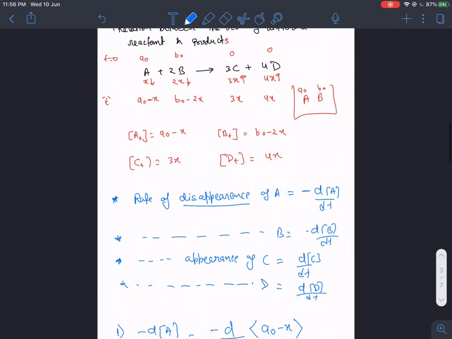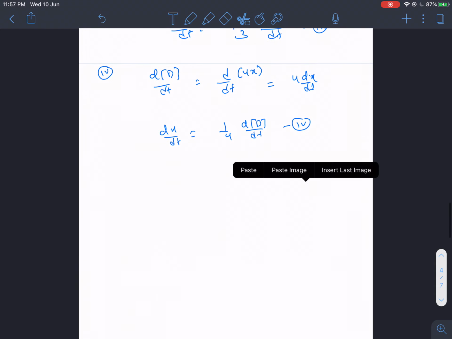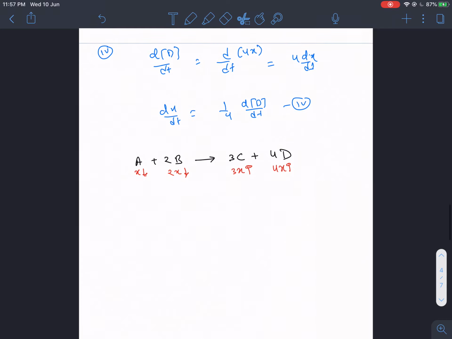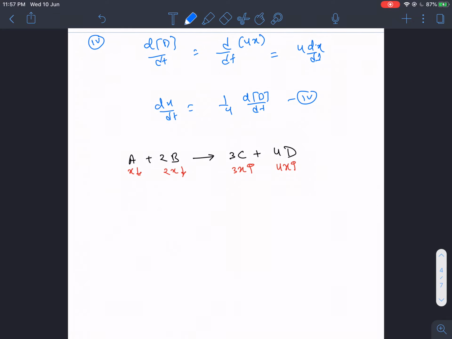So once again let's copy this. For this reaction you can see how we derived the overall thing with the help of 1, 2, 3 and fourth one.